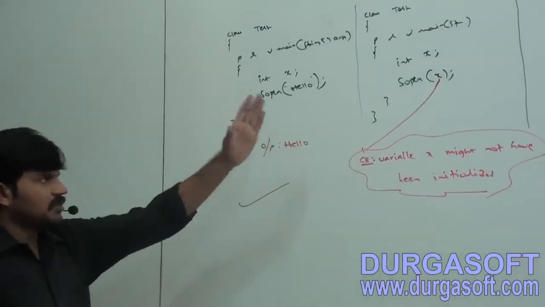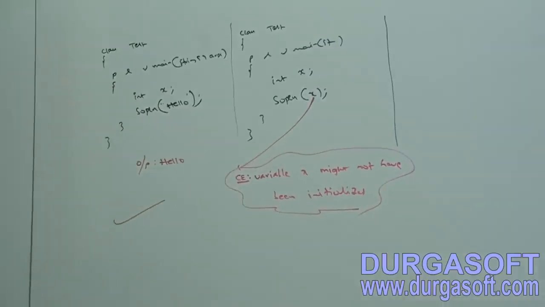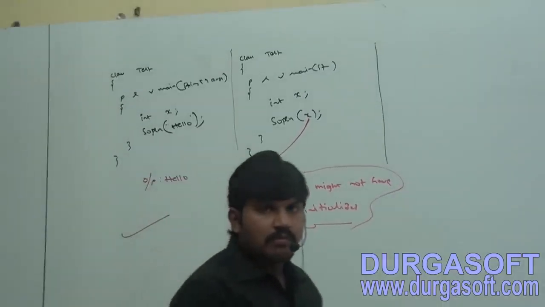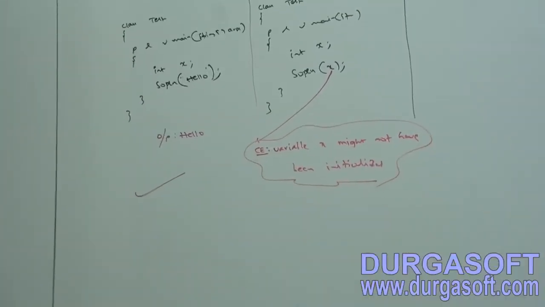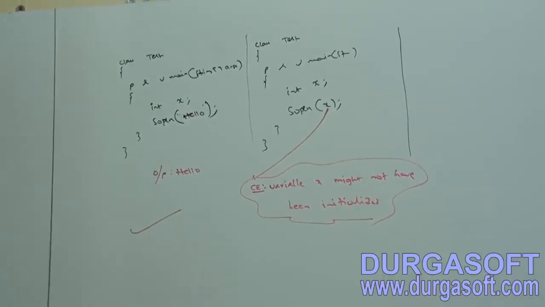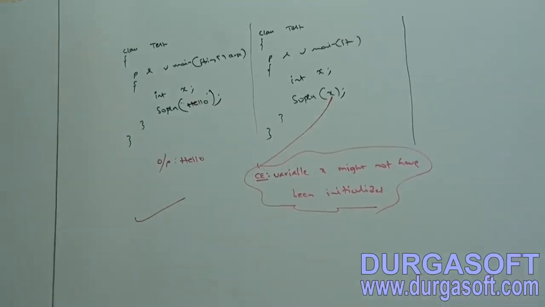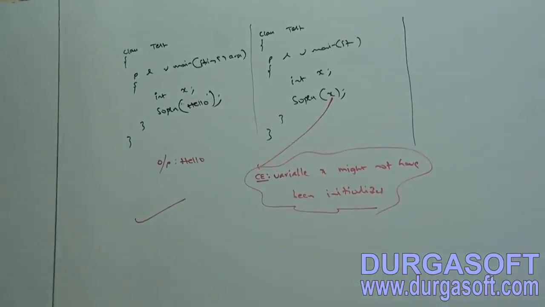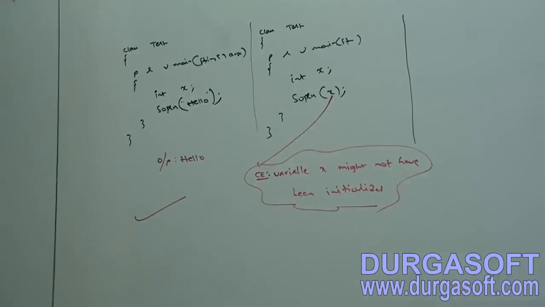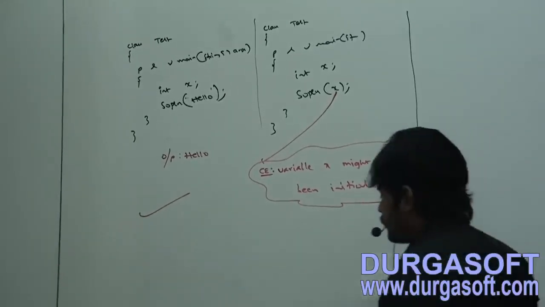Take both examples side by side. Int x, SOP of hello: the output we are going to get is hello.